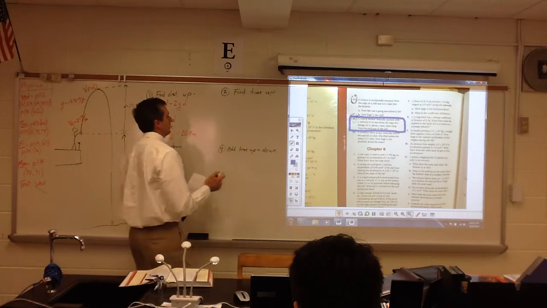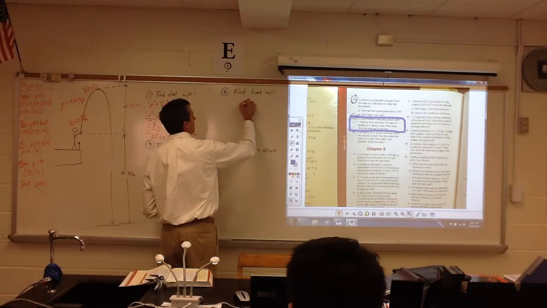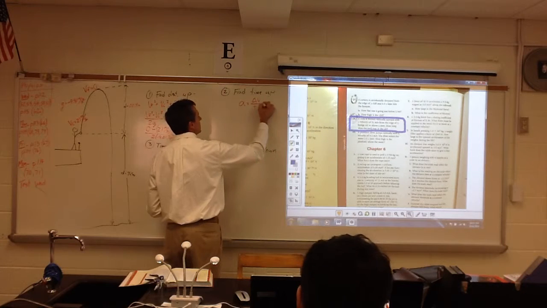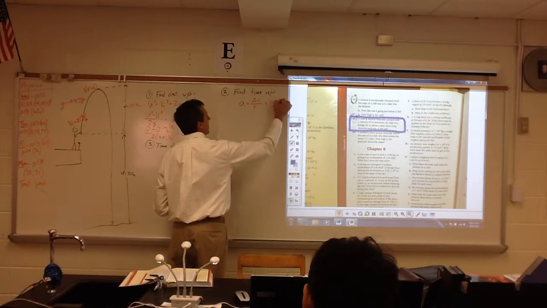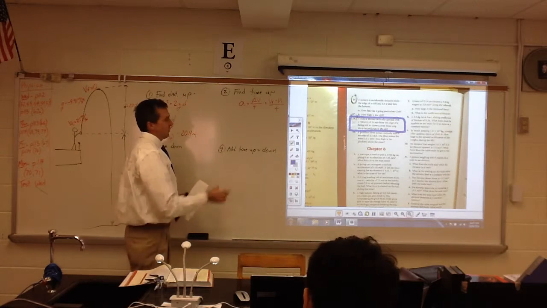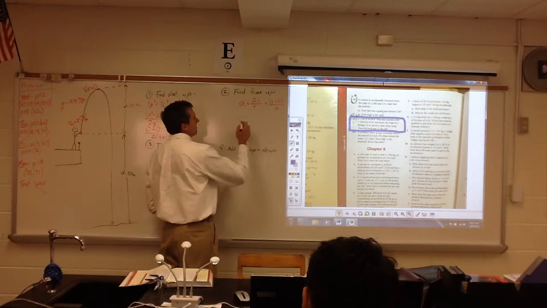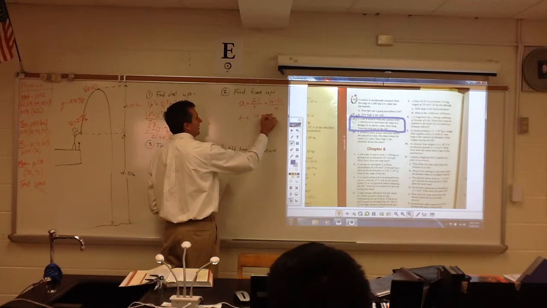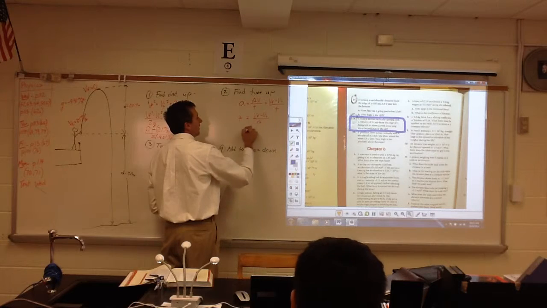So the best way to approach this is to say, okay, acceleration is the change in velocity over time. Remember, change in velocity is final minus initial velocity. When we rearrange it for time, we're going to get time is the change in velocity, final minus initial, over acceleration.